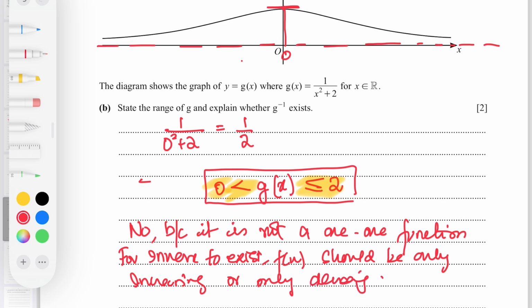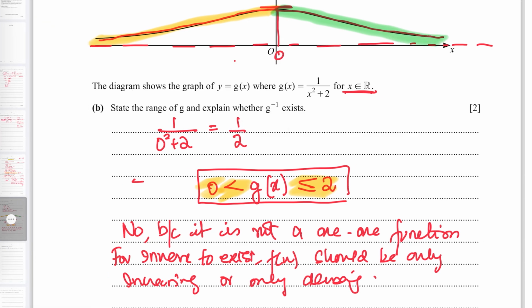But over here, it increases and then decreases. That is why it cannot have an inverse, at least not for the domain given. It can have an inverse only for this portion. It can have an inverse only for this portion. So I hope the concept is clear.